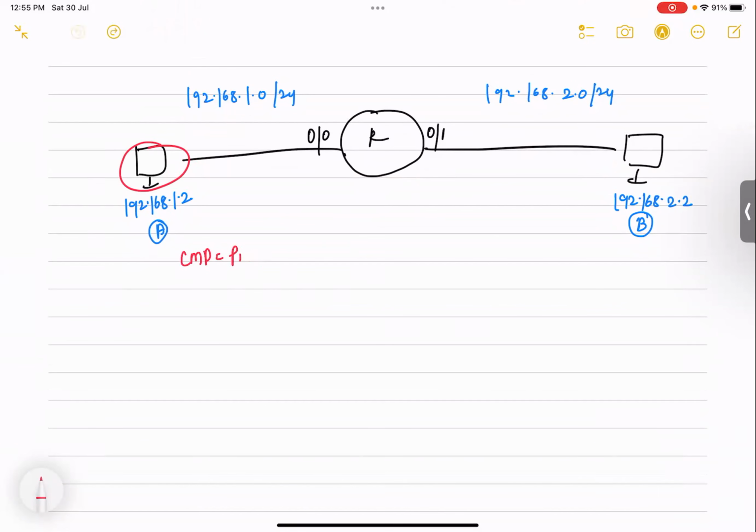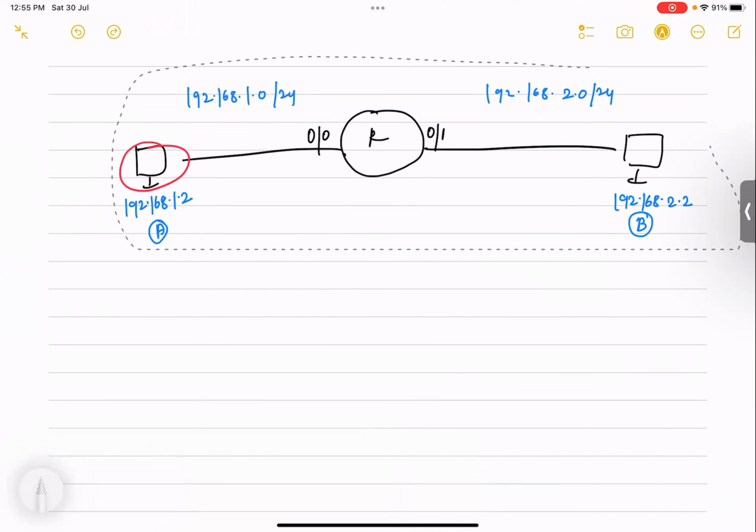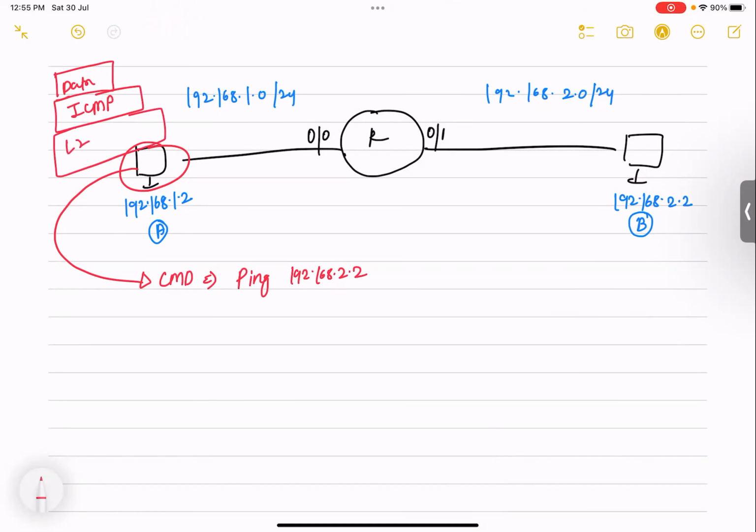Give me 1 second to copy this diagram because we need to discuss it.